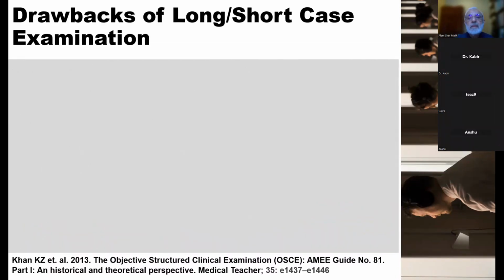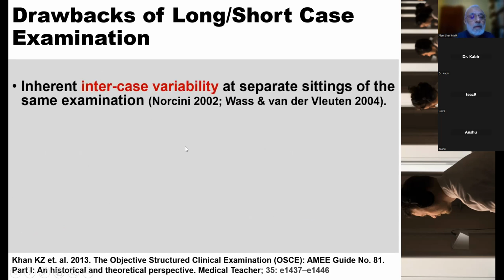The second is looking at the traditional long case and the short case. Now, with the long case or even the short case, we know that there is inherent intercase variability. Every student might get a different case, so some students get an easy case and some students get a difficult case, so they do not go through the same exercise.